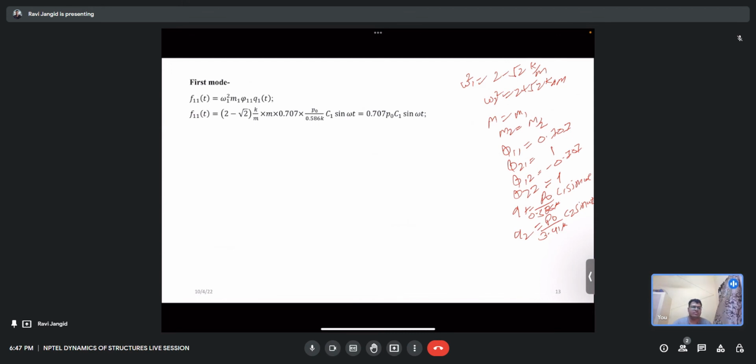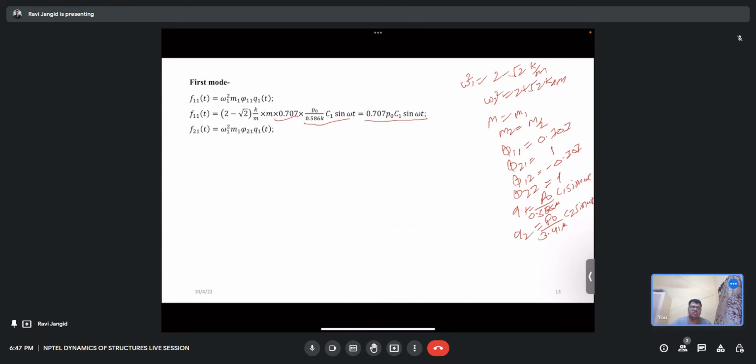For omega 1 we know (2 minus square root of 2) k by m, mass m1 is m, phi 11 is 0.707, and that is q1. If you solve this, it is f11, the equivalent static force in the first degree of freedom in the first mode.